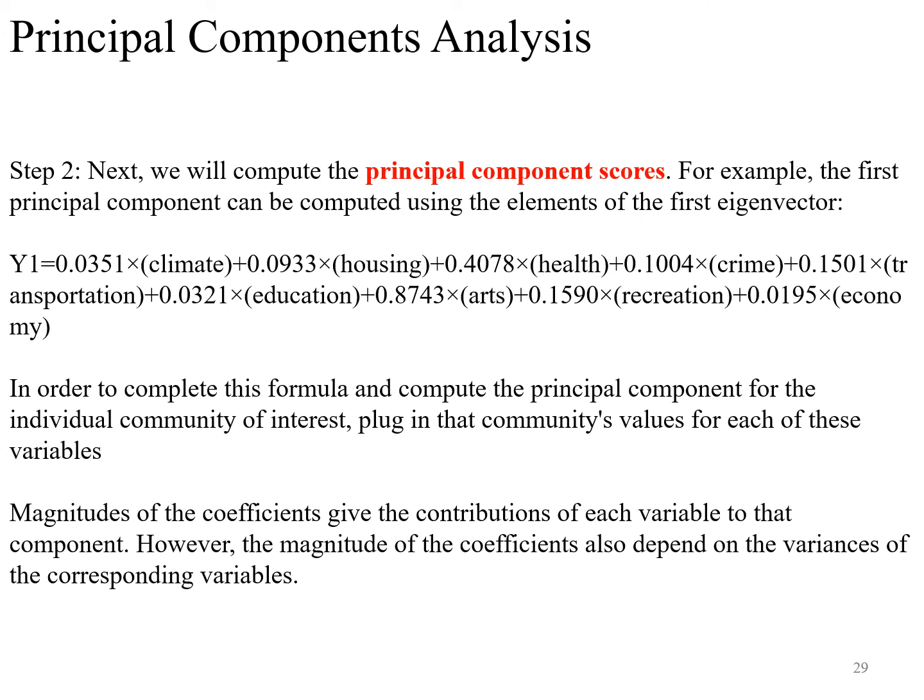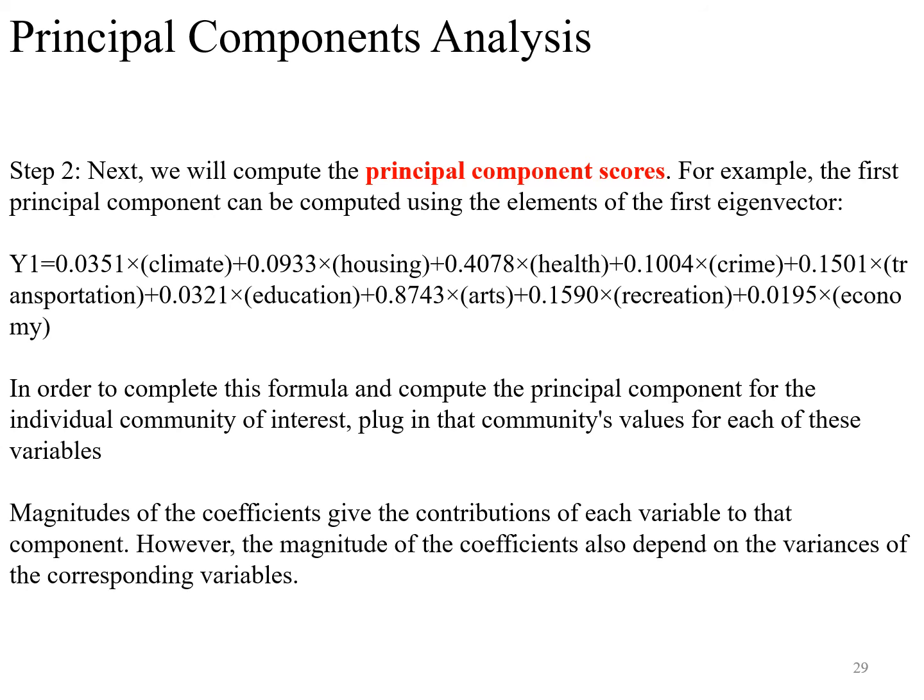Now that we've looked at the eigenvalues, we're going to compute principal component scores. Okay, so we're going to use the eigenvectors. We're going to use the first eigenvector, the one associated with the first principal component, and the eigenvectors, I haven't put them here as a table, but you would simply take each one and multiply it by its associated variable to get the new principal component.